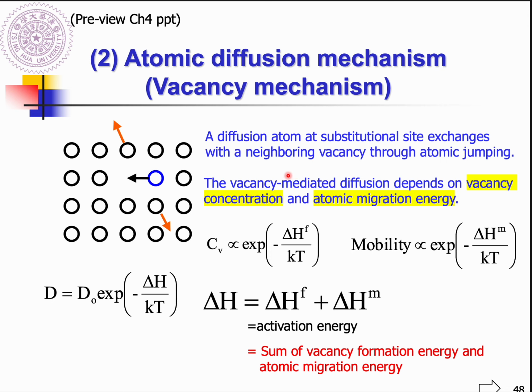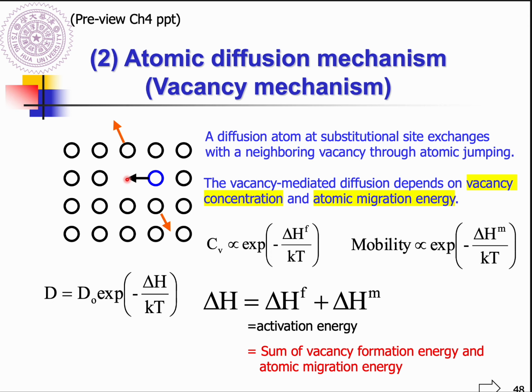What's the vacancy-mediated diffusion mechanism? The diffusing atom at a substitutional site or lattice point will exchange with a neighboring vacancy through atomic jumping. So this is the only way to allow these atoms to diffuse through these materials.